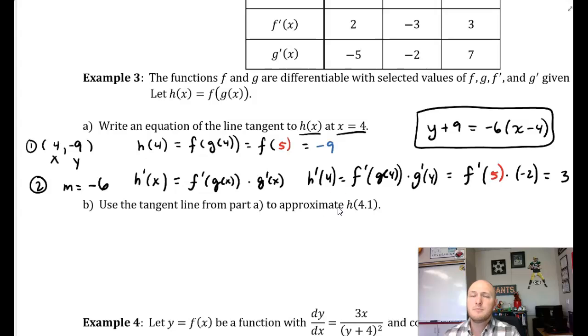Now these problems always give you an input value really close to your tangent line x value. Notice how that's at 4.